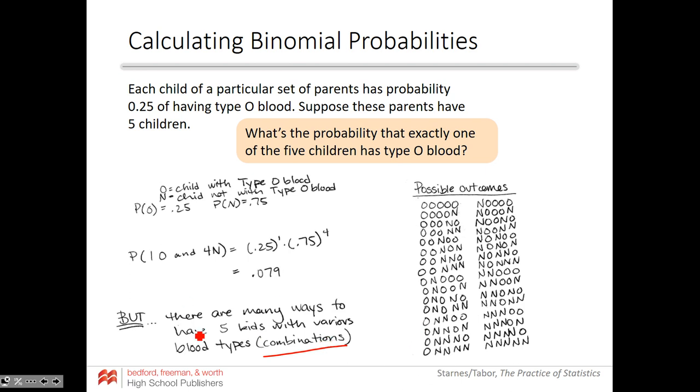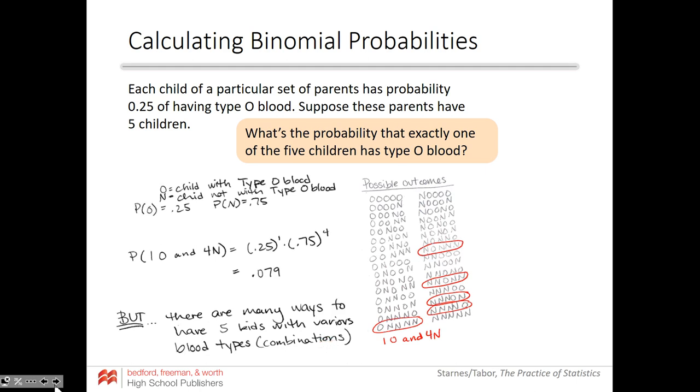Because there are all these different orders in which the kids could come out, right? I need to figure out how many of these combinations give me 1 kid with type O blood and 4 kids with not type O blood. And so if I go through my list, you can see I circled those combinations.